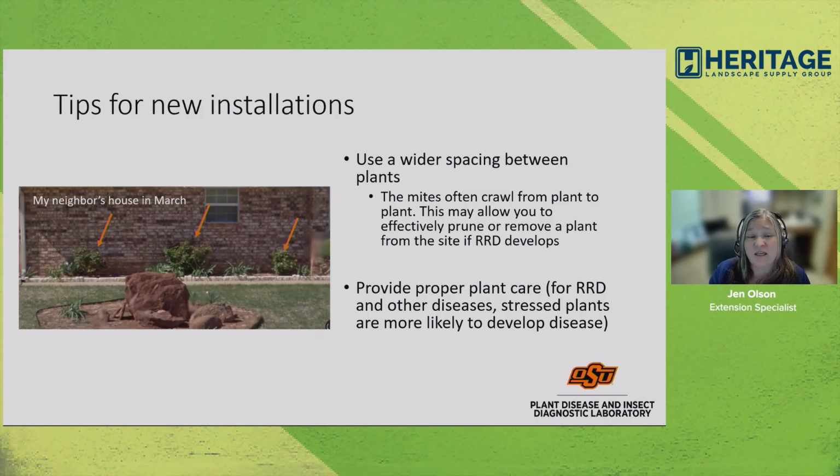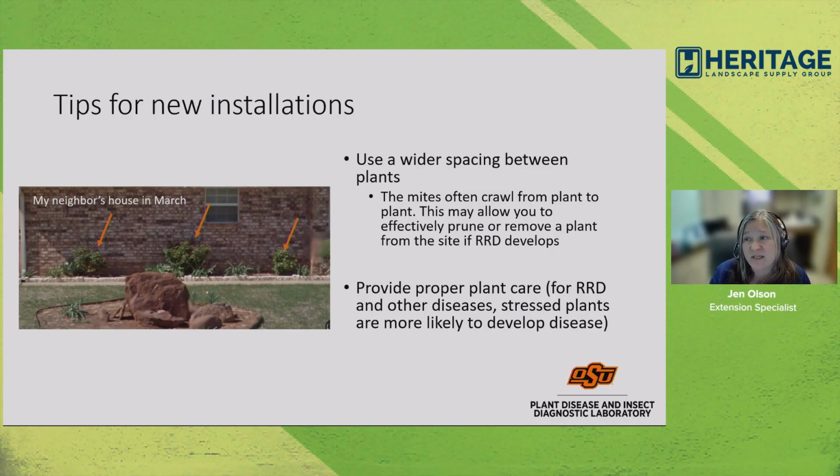The mites, in order to get from one plant to the other, would basically have to get caught by the wind and carried onto the next plant, because they're so well spaced, and they're just as likely to blow off the property.